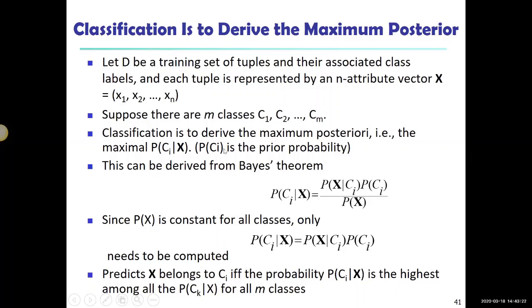The probability of Ci is the prior probability, how many times class i occurred in the training examples. From the Bayes theorem, we know that this posterior probability equals this.